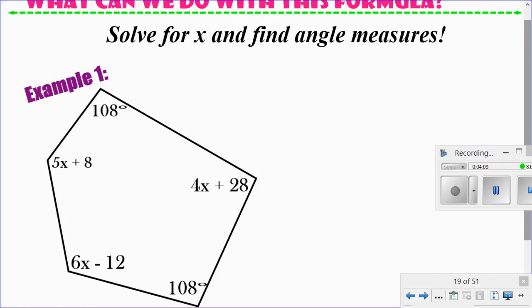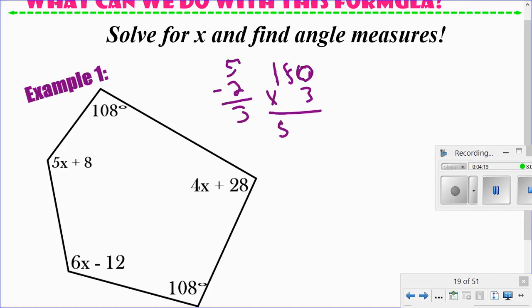So 5 minus 2 is 3. 180 times 3 is 540 degrees. So that's the sum of all of the interior angles. So we know that the total will be 540.